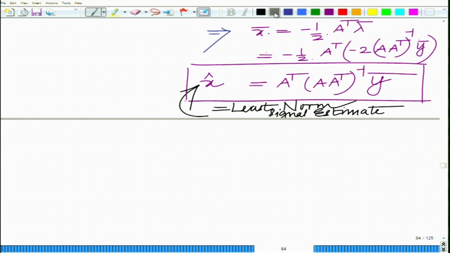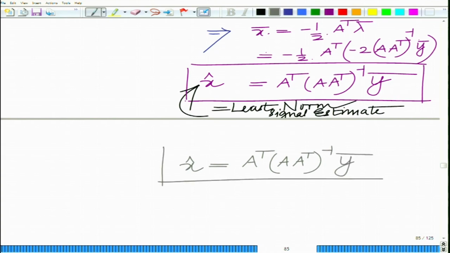This is the least norm signal estimate, and this is also known as the least norm solution. So you can write this as x hat equals A transpose A A transpose inverse into y bar.